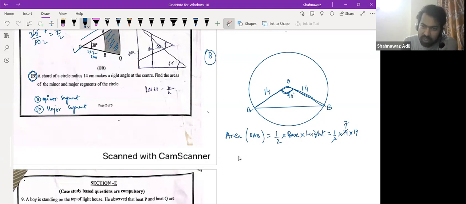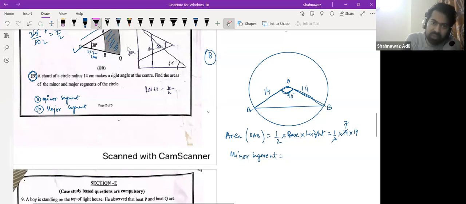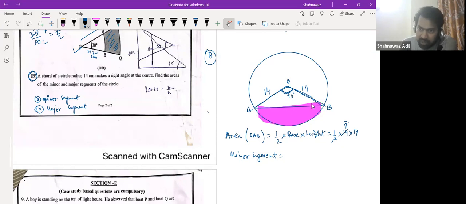So what would be the minor segment? Area of triangle minus the area of the circle segment? You are saying this is the minor segment, right? So this minor segment is area of triangle OAB, and you are subtracting from this thing.